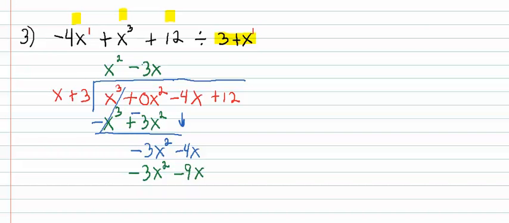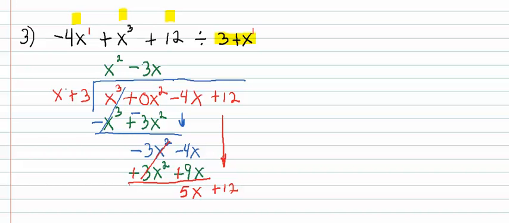Draw your line, change your sign. So this is 0. I have 5x, bring down the positive 12.